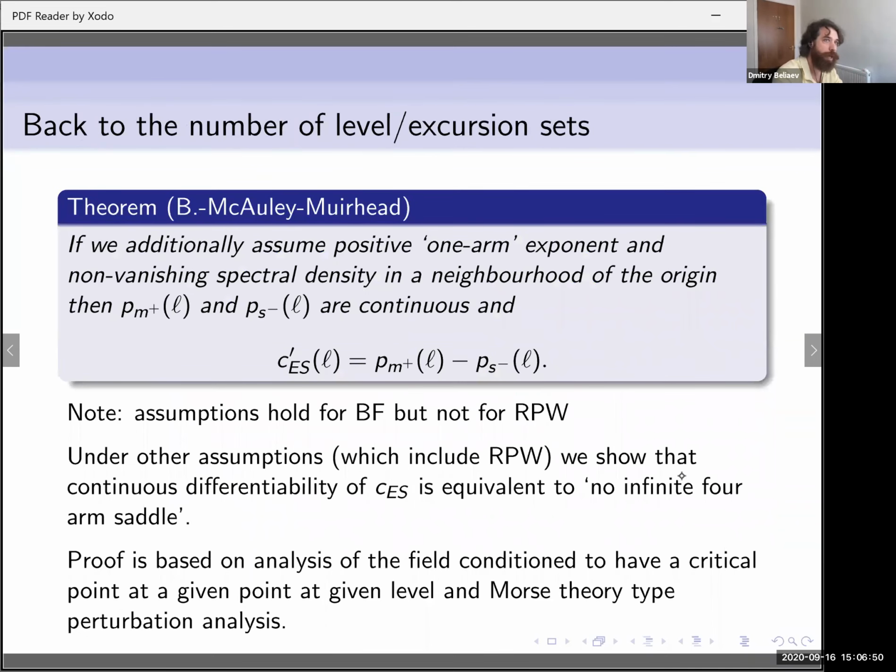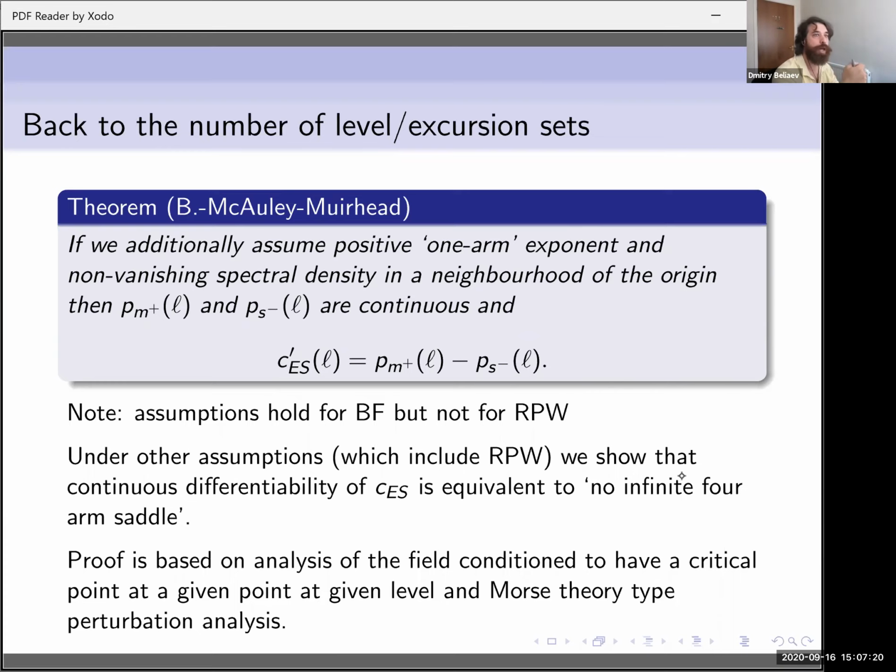Again, if we assume certain things about the field, now we have to assume more. Basically, the one-arm exponent is a condition on the probability that there is a very large excursion set.